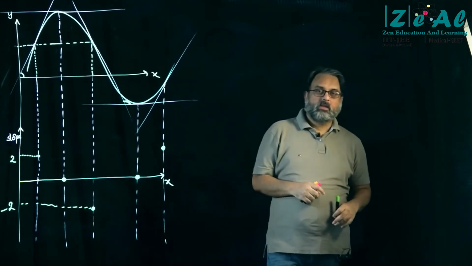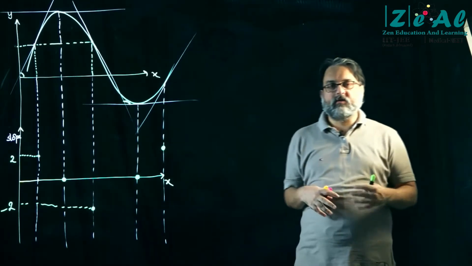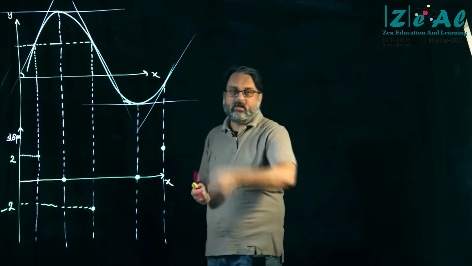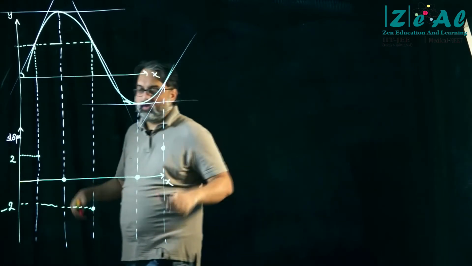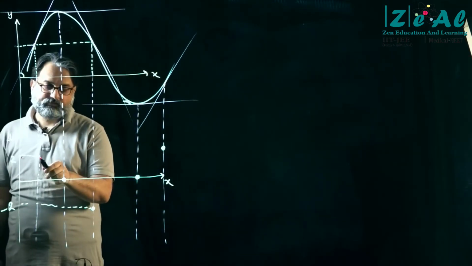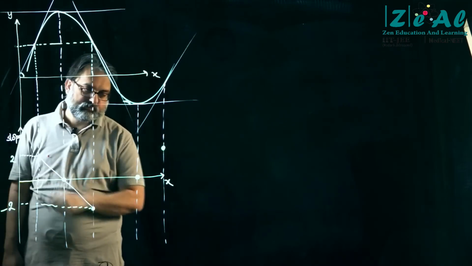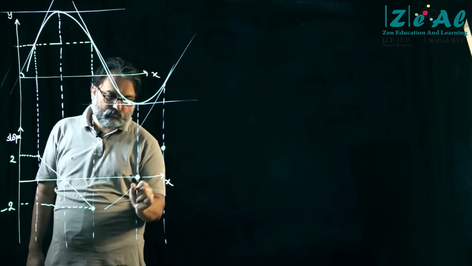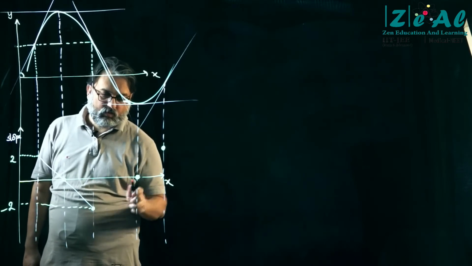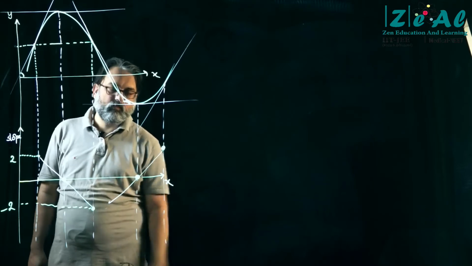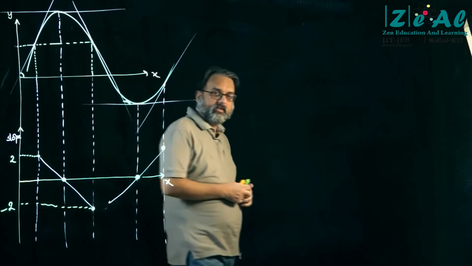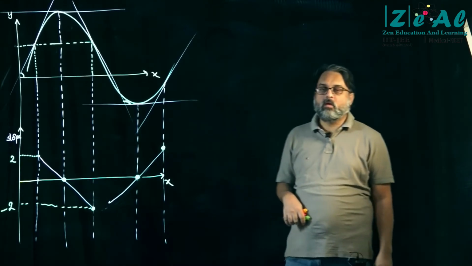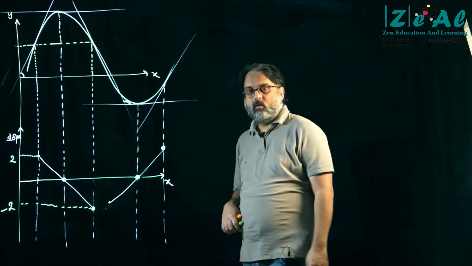Right? Now you may think that I have not plotted enough points to draw a curve, but I have, okay, because I know the intermediate points. So I get a graph like this. Okay.